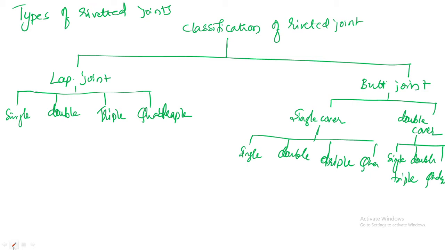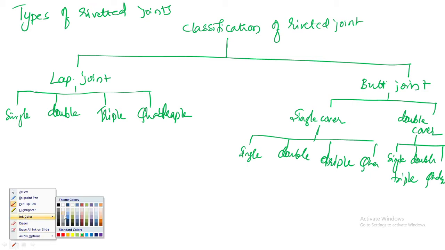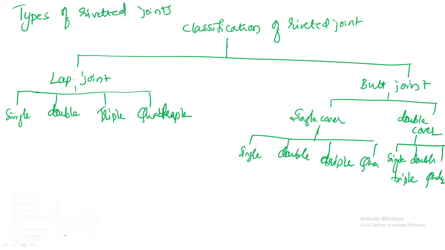One thing here, again, you can classify based on the type of riveting. For these cases, the riveting may be continuous or zigzag.